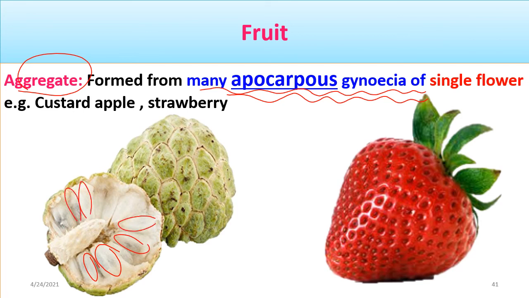Many different fruitlets are together, and this is actually from one ovary, this is from second ovary, this is from third ovary. So many free ovaries are involved in the development. Similarly, here you can see, I'll change the color. Here you can see some dotted structures are there, and these are actually ripe ovaries, and they are together. So that is called as the aggregate type of fruit.